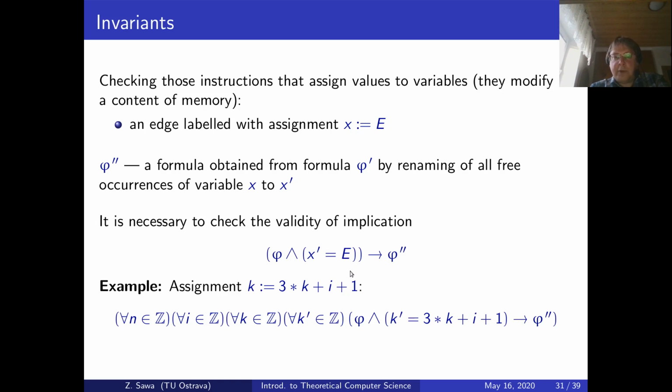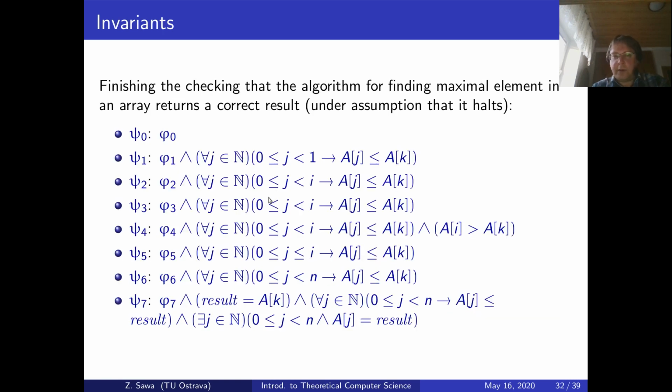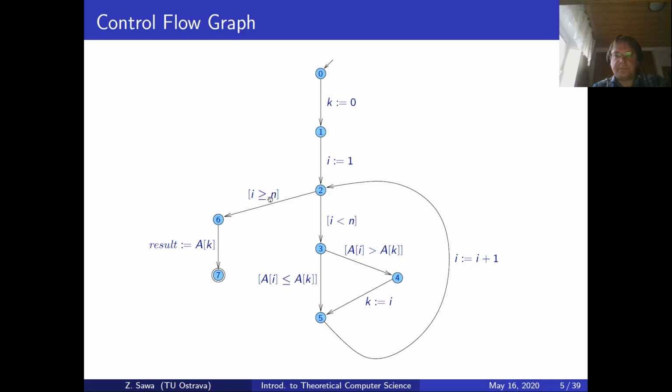So we must show that the values of variables satisfy some condition that corresponds to the new configuration. But if this invariant refers to this variable x, like here, for example, if it would refer to variable k, then when we check this edge, we must ensure that in this invariant, in this new state, we refer to this new value of k.